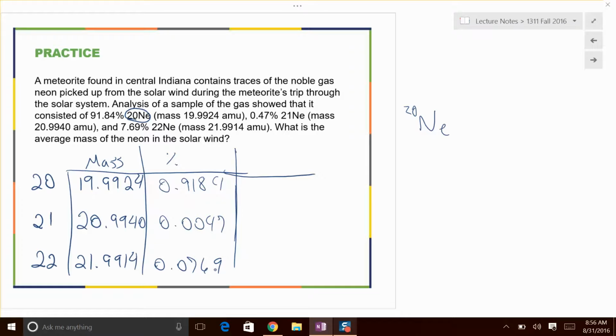Okay. So this times that is what? What are you guys finding? 18.3610. Okay. This times that is 0.098679. Sorry, say it again. 0.098679. Okay, 0.0 before it, excuse me, like that.